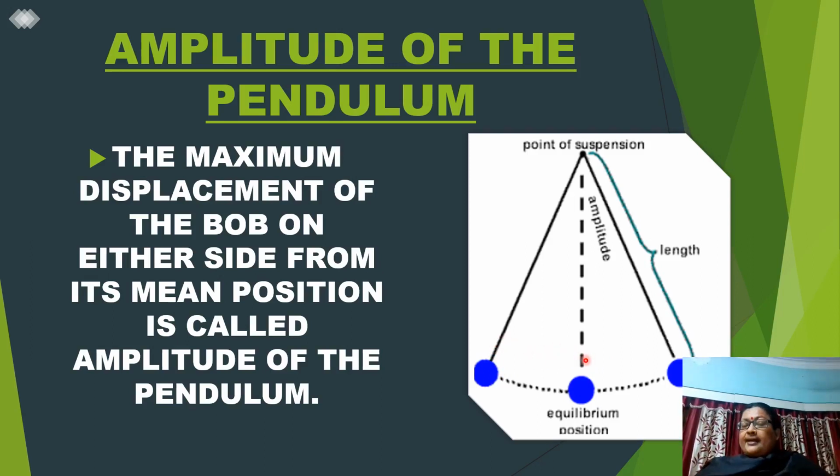Again, it doesn't happen only on this side. If from the mean position it is going to be displaced or move to the right side as well, the maximum distance from the mean to the extreme, or the distance between the extreme and the mean, is what is known as the amplitude of the pendulum.